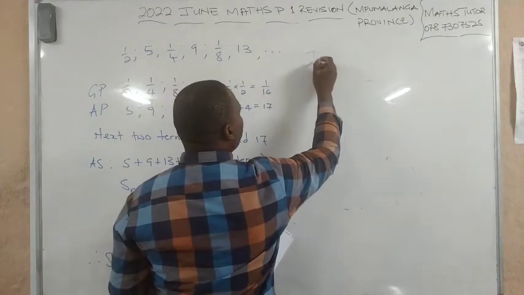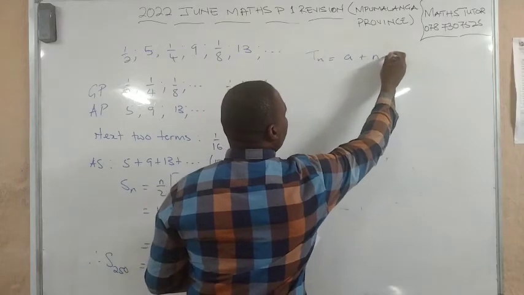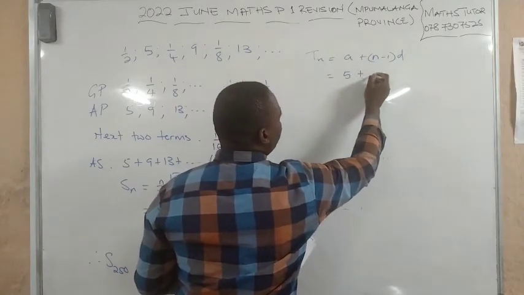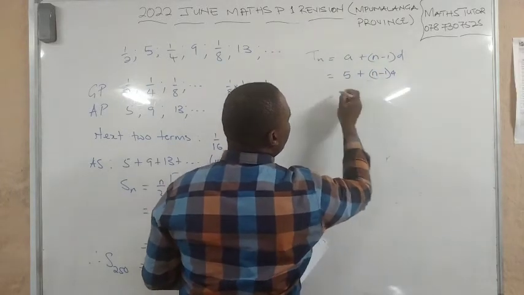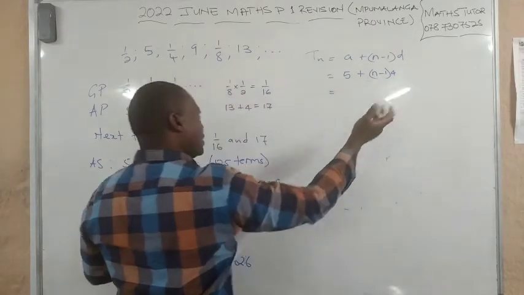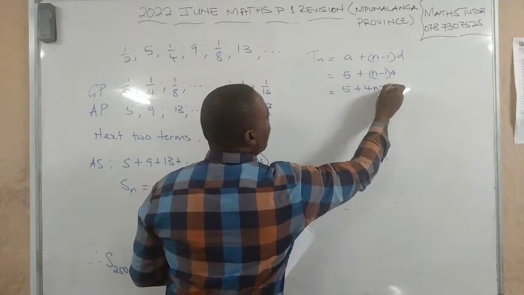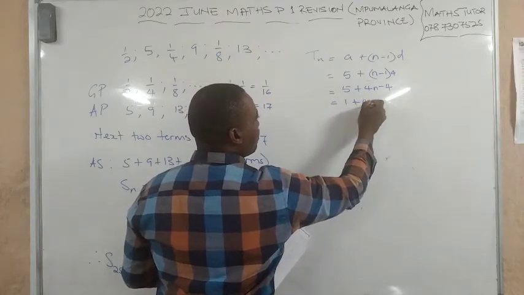So Tn is equal to a plus n minus 1 by d, which is 5 plus n minus 1 by 4. If we simplify, 5 plus 4n minus 4, which gives us 1 plus 4n.